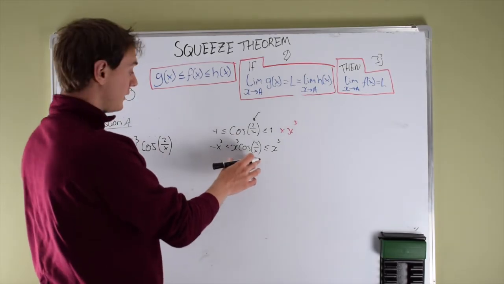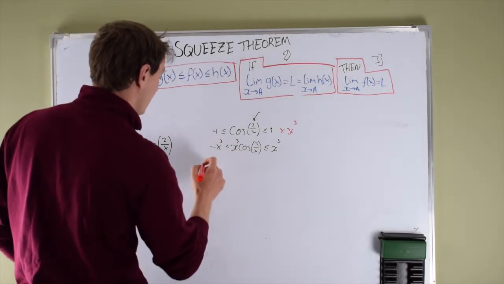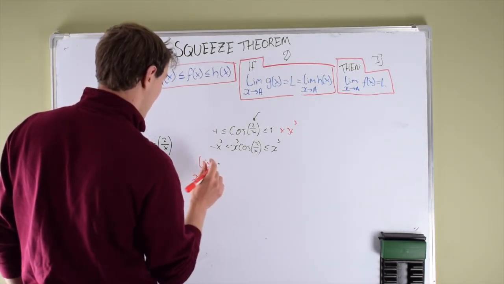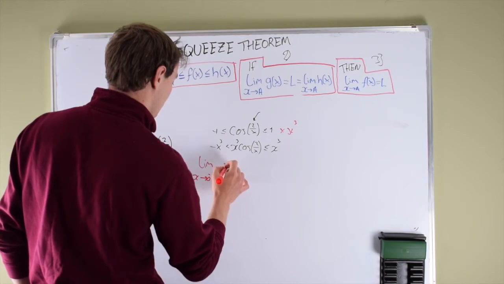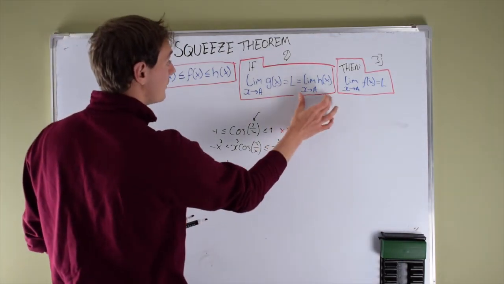So again, since we've arrived at the function itself in the middle, we know what we can evaluate now. So the limit as x approaches 0 from the left hand side of minus x cubed equals 0, and then we need to do this part here.